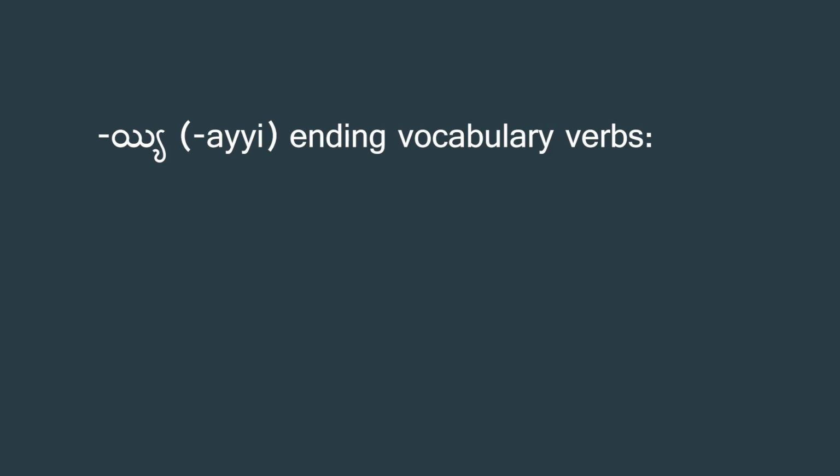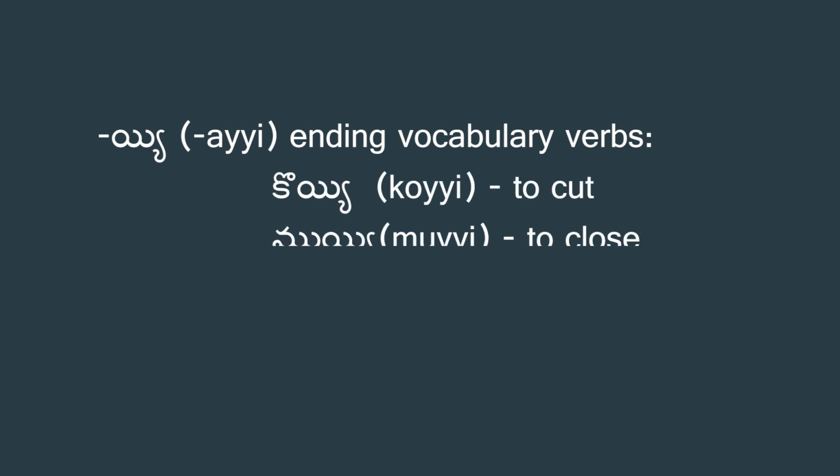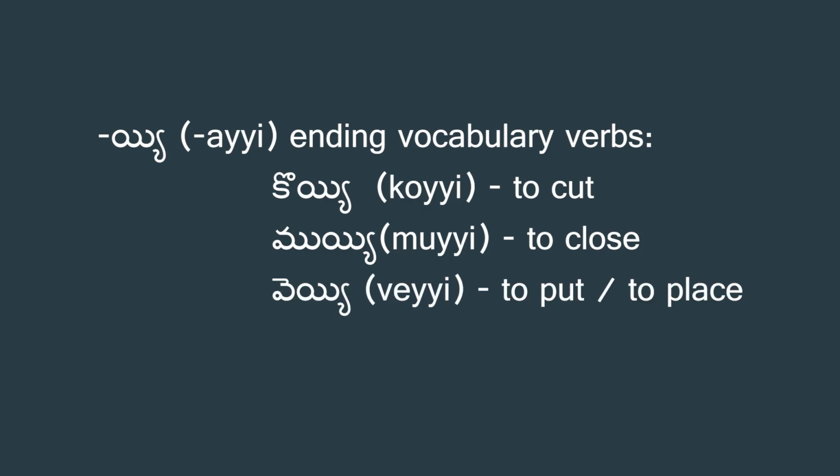In this lesson, what I am going to explain is the i-ending group. Also we can say e-ending vocabulary verbs such as koyi, which means to cut, muyi, which means to close, veyi, to put or to place, rayi, which means to write.